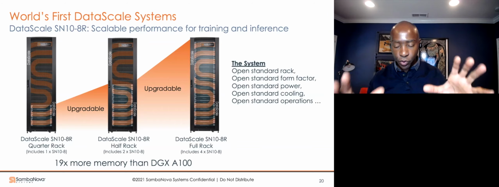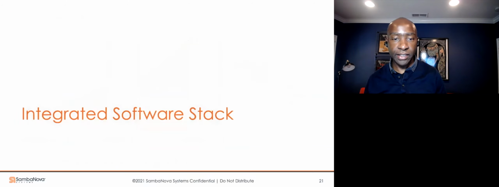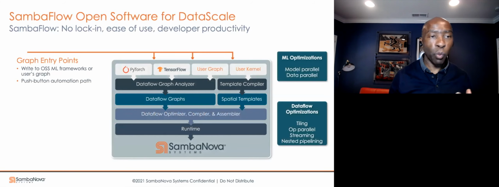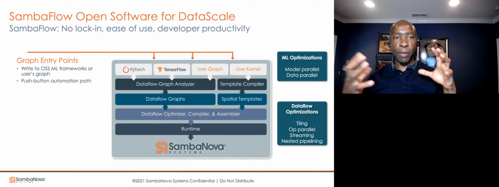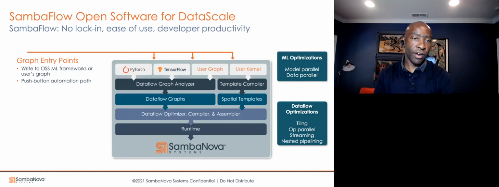And so the key to making this all useful, of course, is the integrated software stack. And the integrated software stack is what we call SambaFlow. And SambaFlow starts with the frameworks, right? The frameworks are where the models get defined, and they are either PyTorch or TensorFlow.